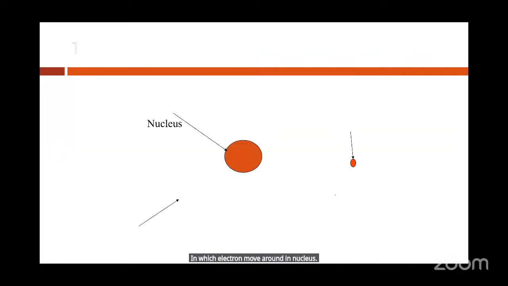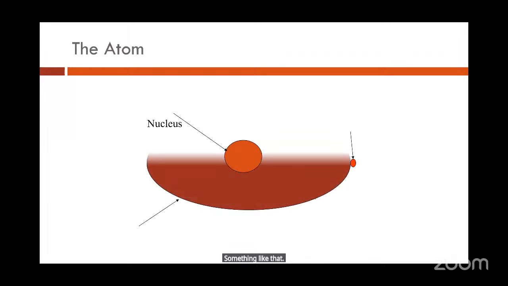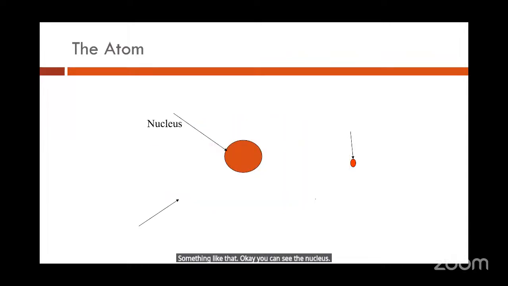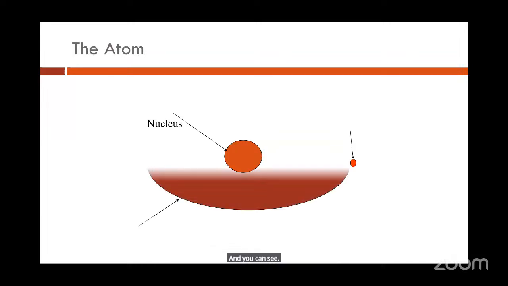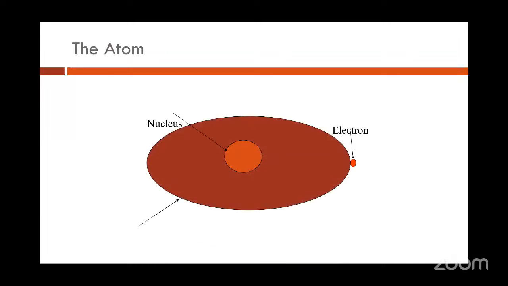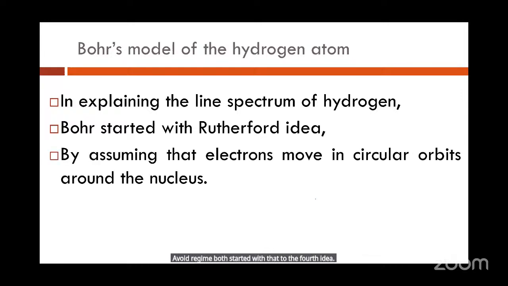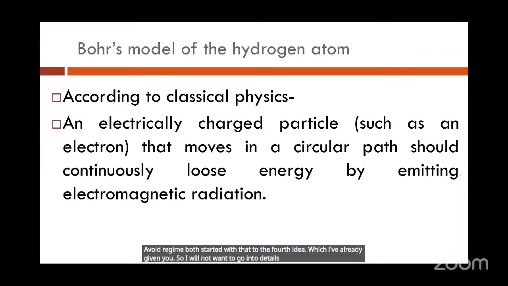Something like that. You can see the nucleus and you can see electrons revolving around it. But in explaining the spectrum of hydrogen, Bohr started with that Rutherford idea, which I've already given you, so I will not want to go into details. So you're going to see other information.